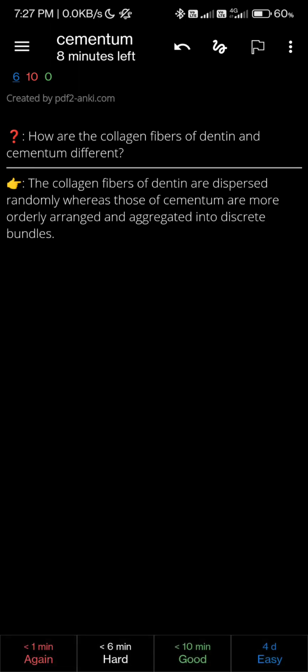How are the collagen fibers of dentin and cementum different?